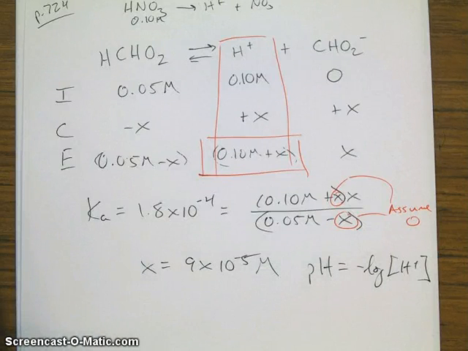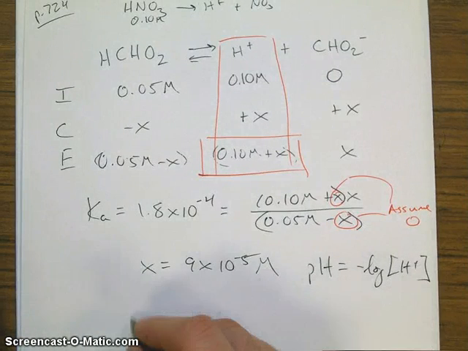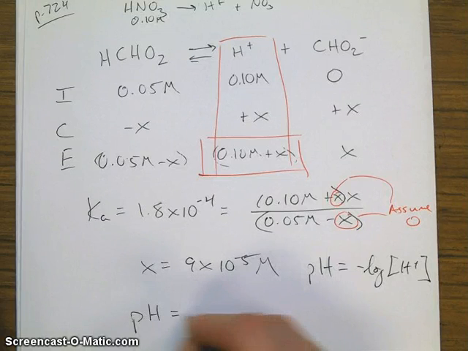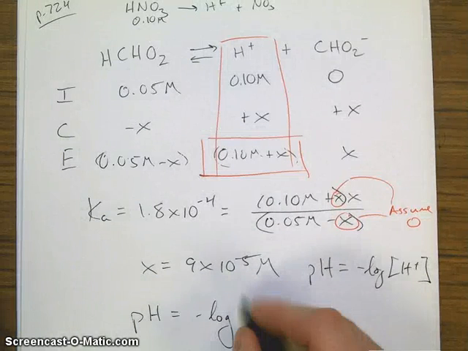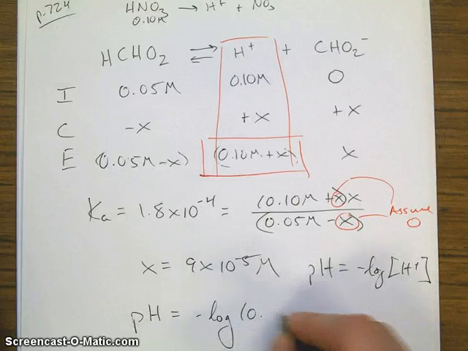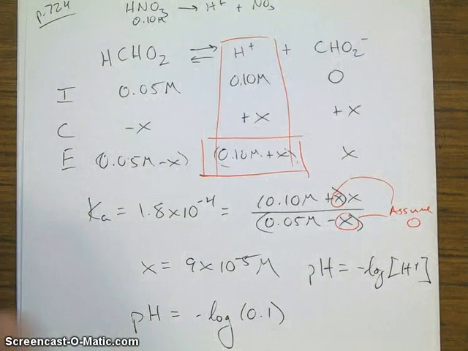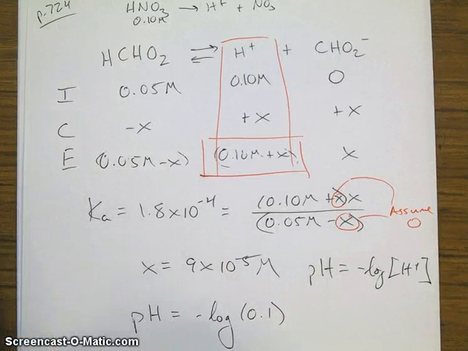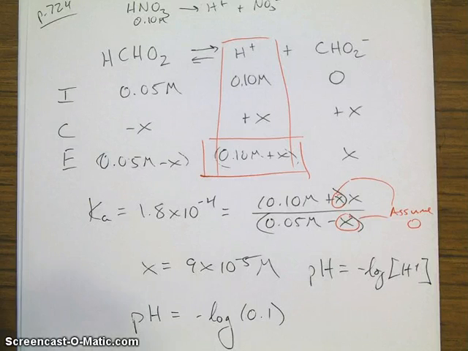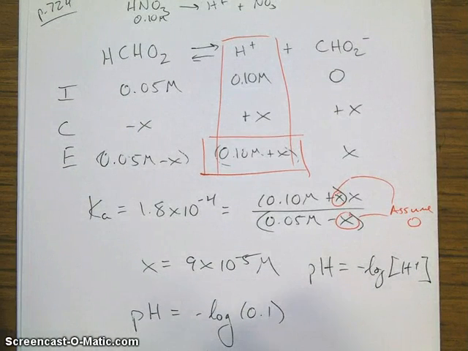Then I'm going to take the pH, the negative log of my hydrogen ions, which is about 0.1, and I do that in my calculator. It's just going to be negative log answer, and then I should have my pH, and my pH is pretty much 1.